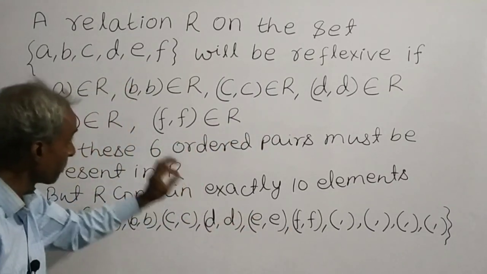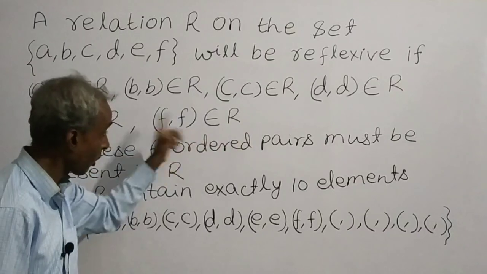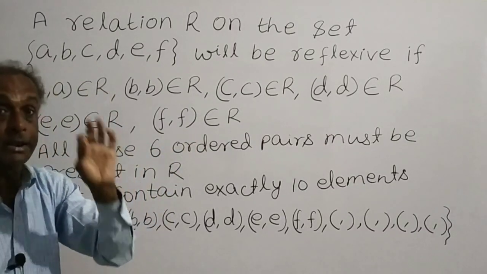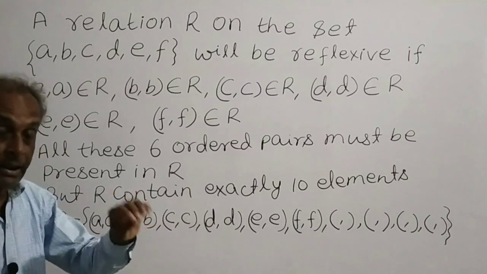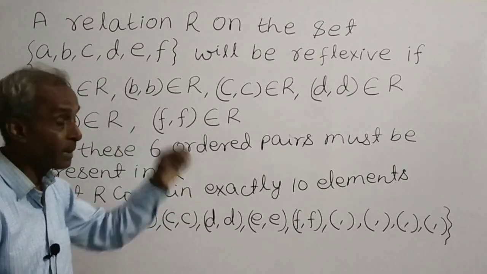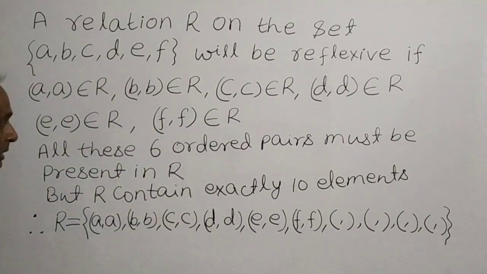If any one of these six ordered pairs is not present in R, then R cannot be said to be reflexive.